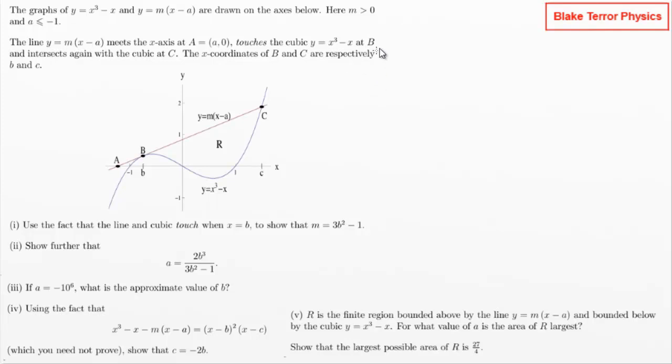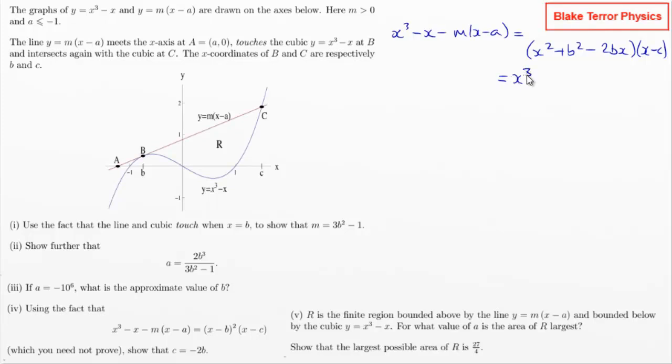We've got x cubed minus x minus mx minus a, and that is equal to x squared plus b squared minus 2bx, then multiplied by x minus c. Okay, so we are going to get some terms that we can compare.